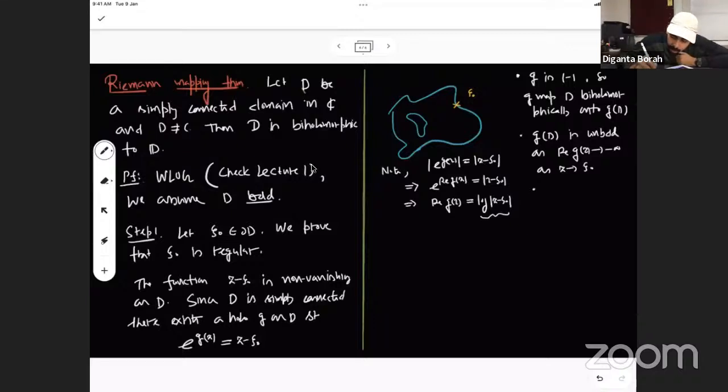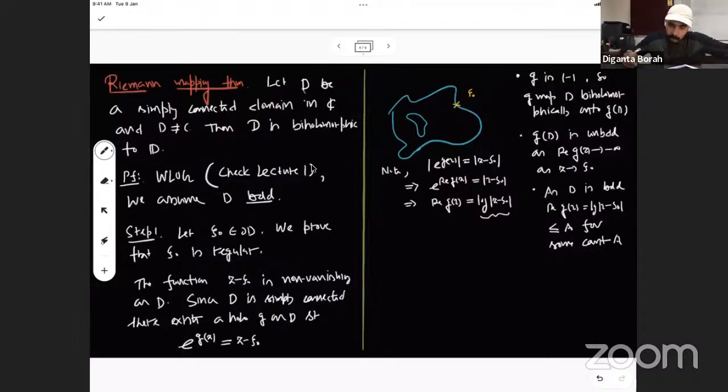But as D is bounded, the real part of Z is less than or equal to log of modulus Z minus zeta naught, which is less than or equal to some constant, say A. So we can now draw a picture of how ZD looks.